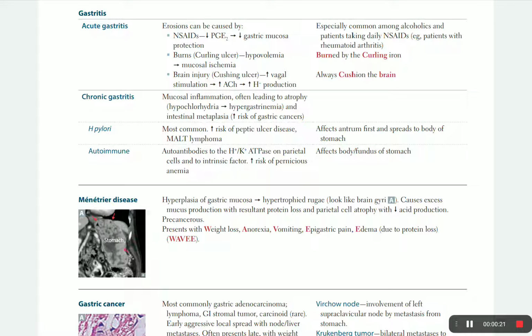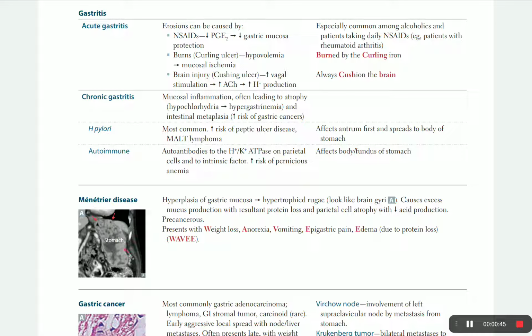So, acute gastritis is erosion caused by drugs, burns, or upper motor neuron causes like Cushing ulcers. The non-steroidal anti-inflammatory drugs decrease prostaglandin E2, causing decreased mucosa production.